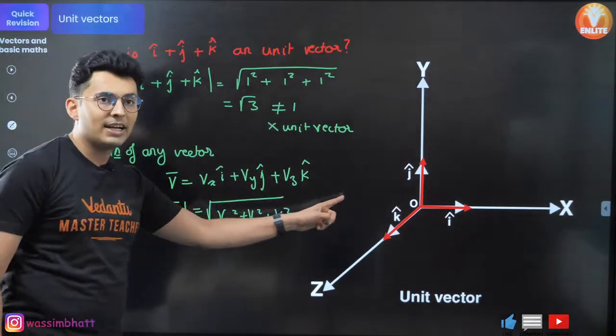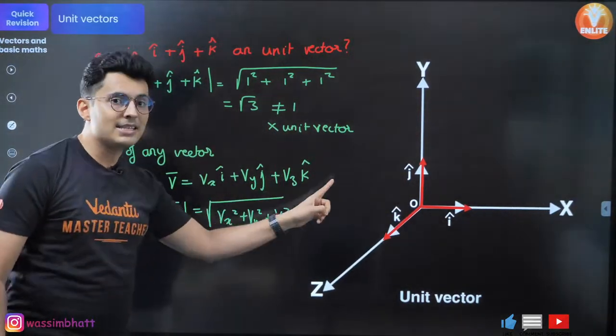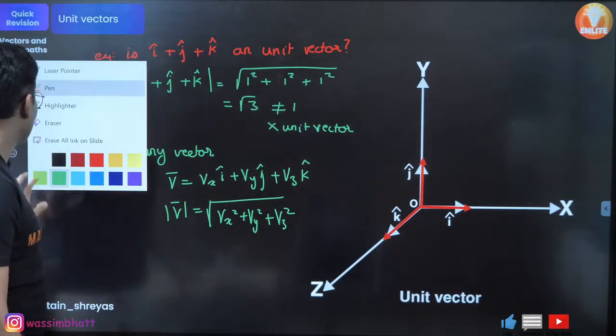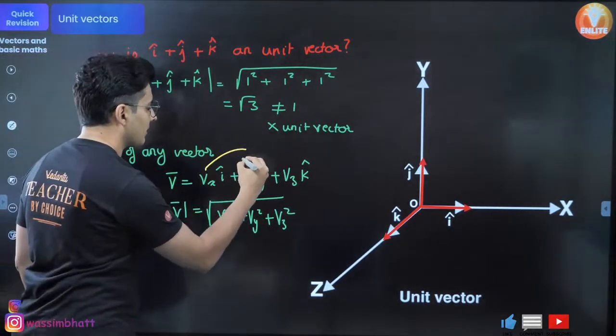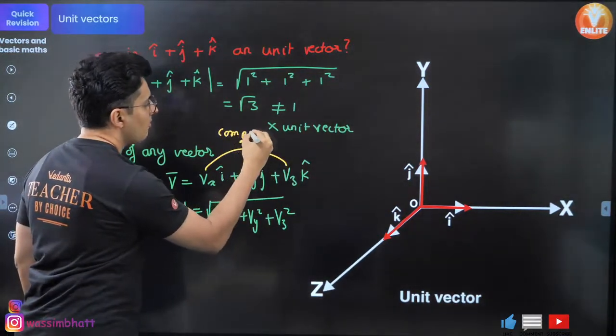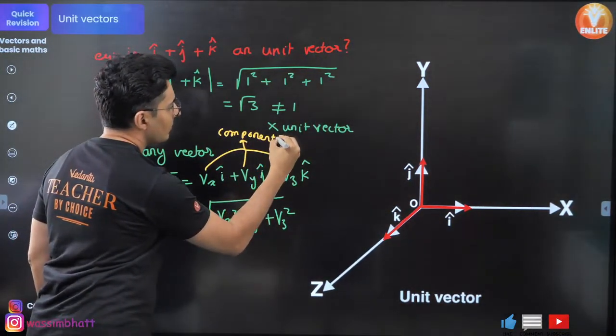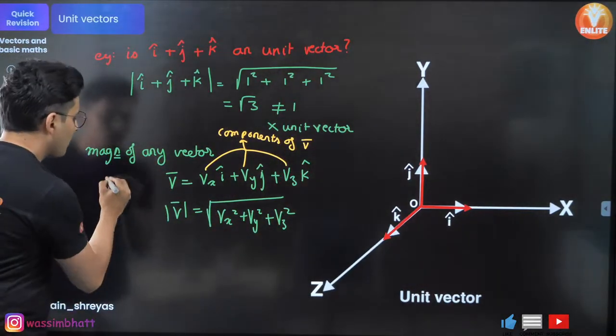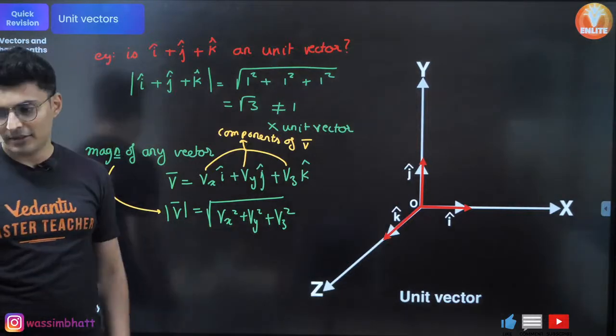What are vx, vy, vz? These are the components of the vector v bar. So this is the magnitude of that vector.